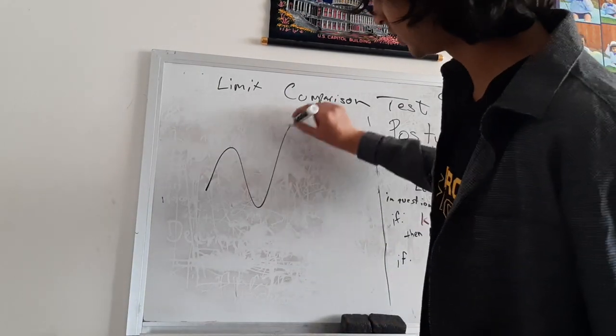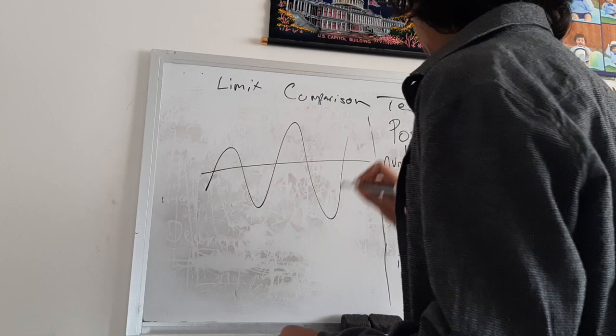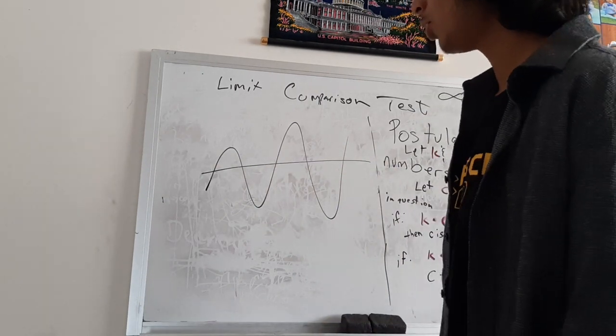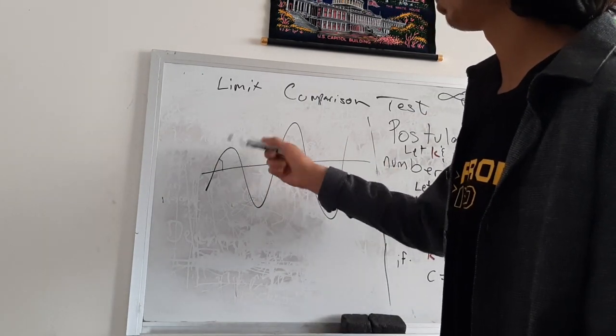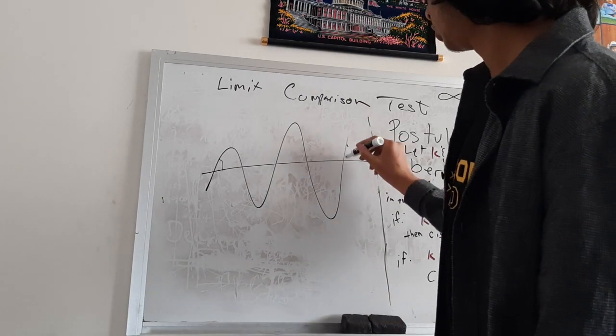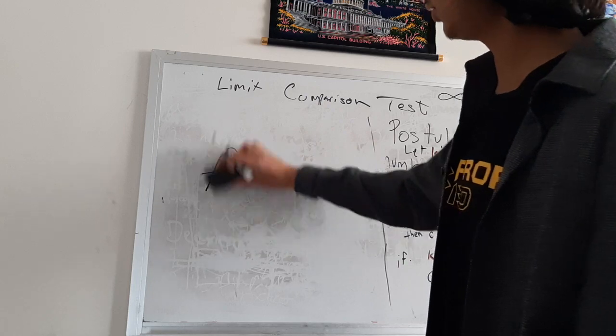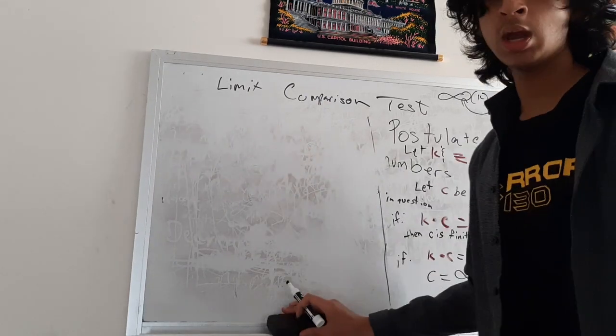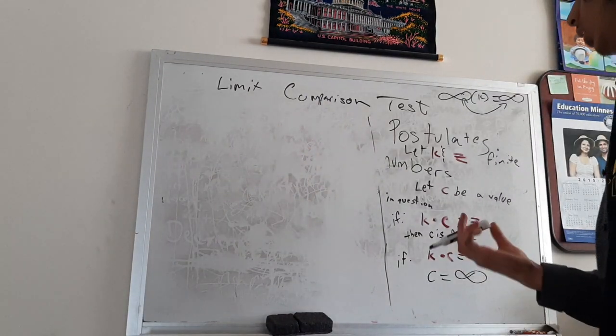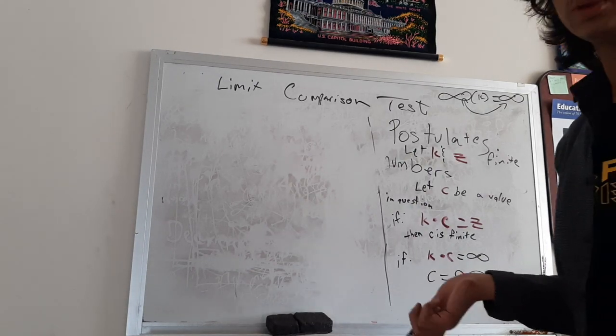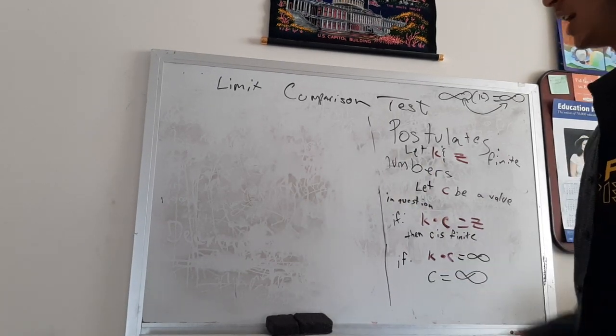It's just when you have series that alternate, you don't know whether that k value is positive or negative, and it could constantly be switching at the infinity point. And if that happens, you can't really use this test.